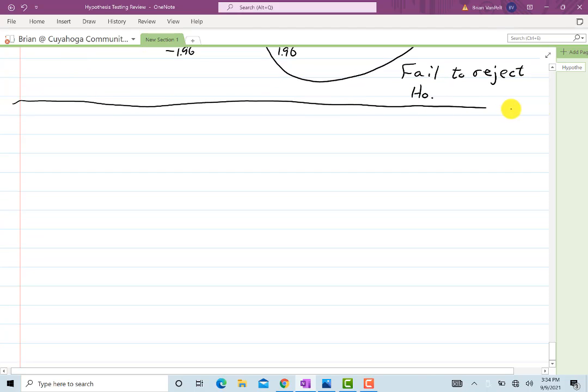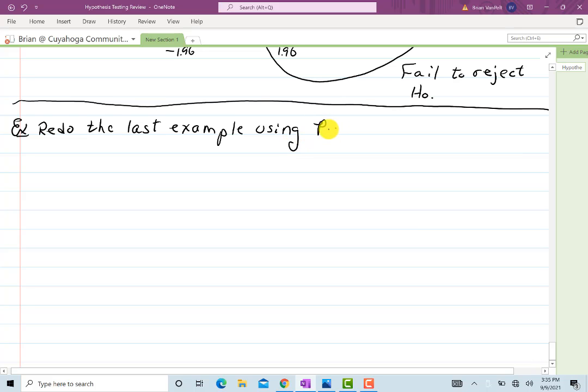And to finish out this, we will redo the last example using the p-value method. So if you recall, the difference here is that we first compute the test statistic. That's the p hat minus p all over the square root of pq divided by n.